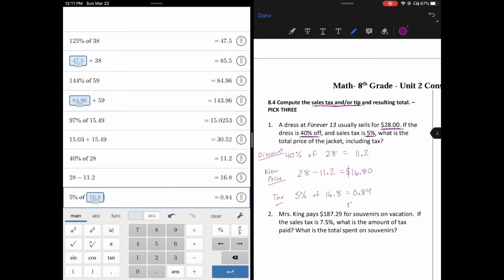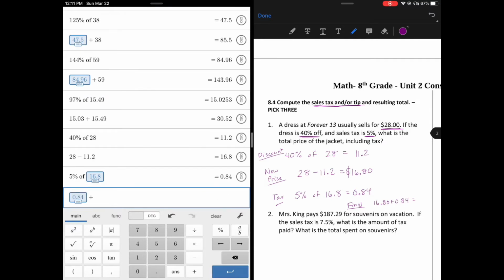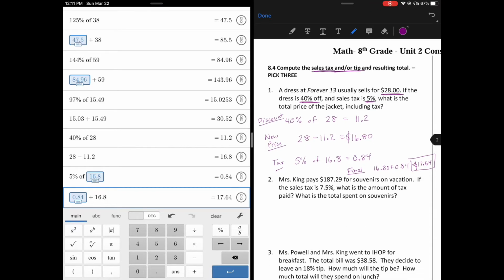So our final price will be the discount plus the tax, which will be $17.64. What I like to do is I like to write out step by step what I'm finding so I don't lose track of the numbers I've already done.